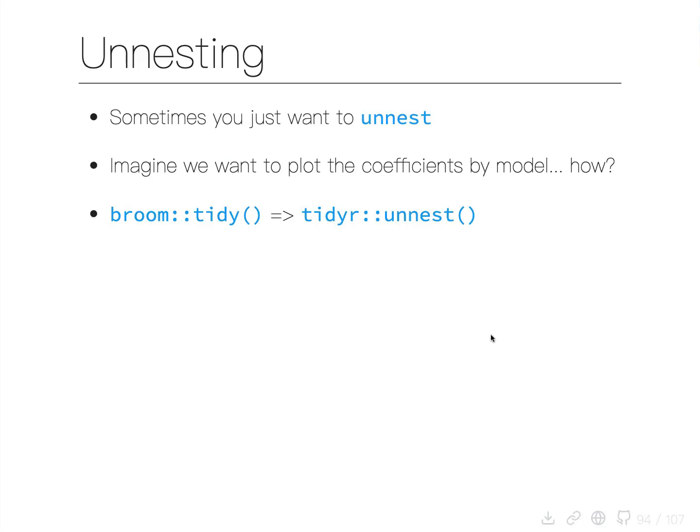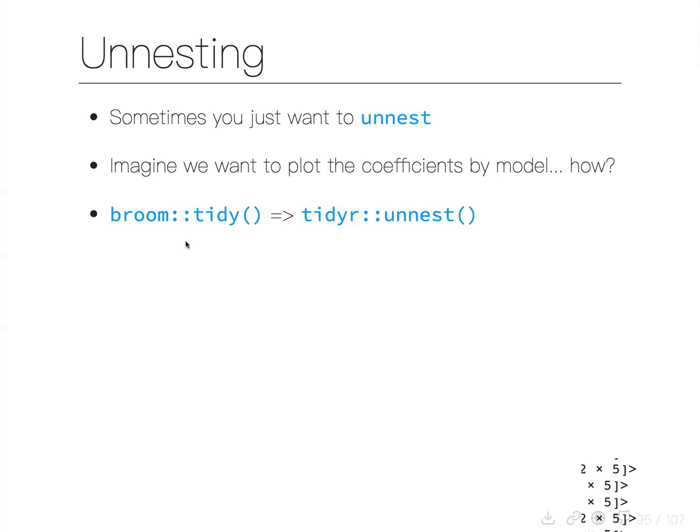But basically the idea of broom tidy is that you can take almost any model; for most models that you can fit in R, there's a tidy method for it. So you say broom tidy on the model, and it returns a nice data frame that has all of the output that you want from the model. So again, you can use dplyr and ggplot and all of that stuff with the model output in a very friendly way, rather than having to dig through that list to get the stuff that you want.